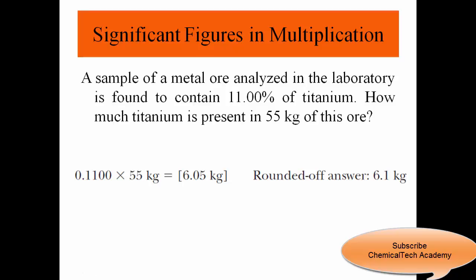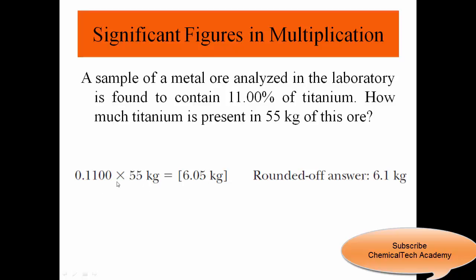Let's have another example. A sample of a metal ore analyzed in a laboratory is found to contain 11.00% of titanium. How much titanium is present in 55 kilograms of this ore? So we have 11%, so 11 divided by 100, giving four significant figures, 0.1100 times 55 kg. If we calculate it, we obtain 6.05 kg, which has three significant figures.